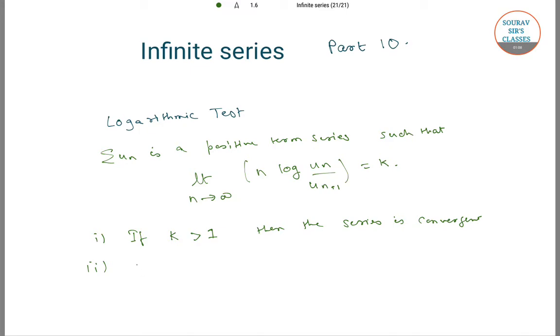And if k is less than 1, then the series is divergent.